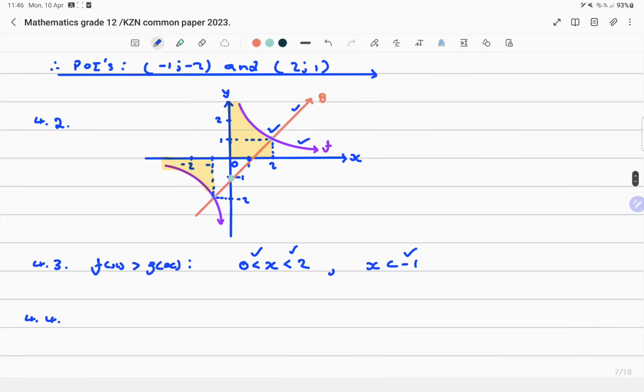We can say the graph of f of x is shifted to the left by 3 units.